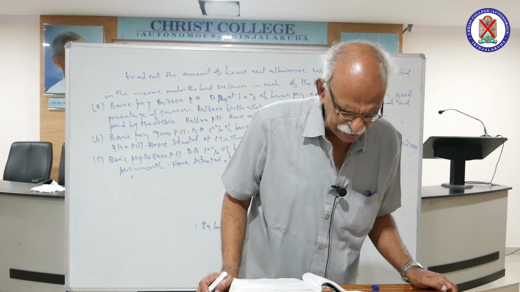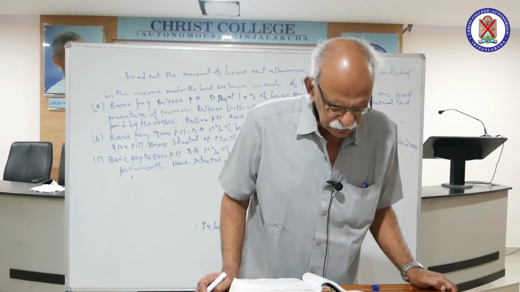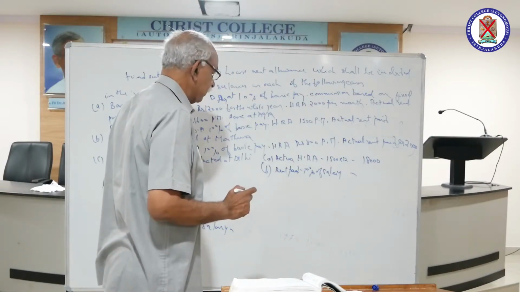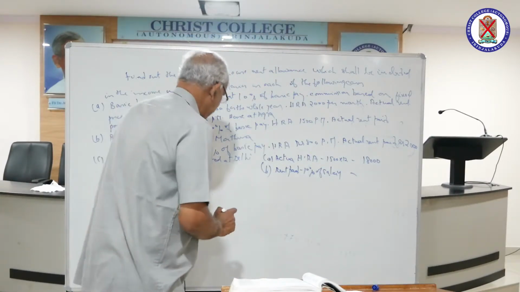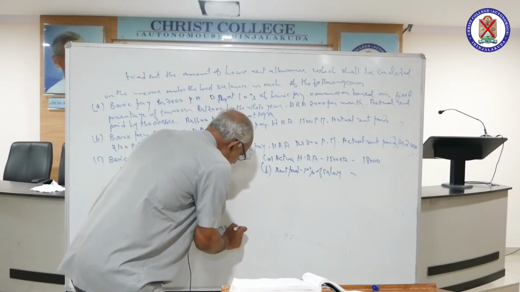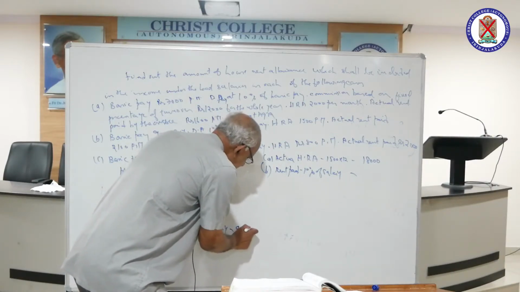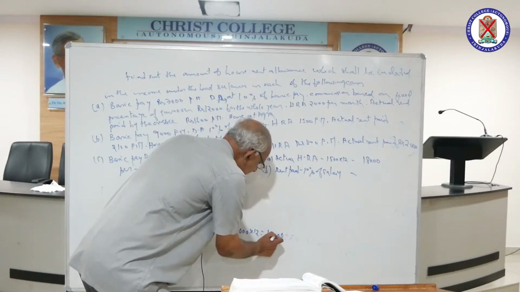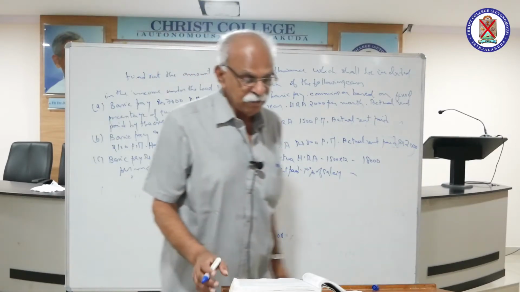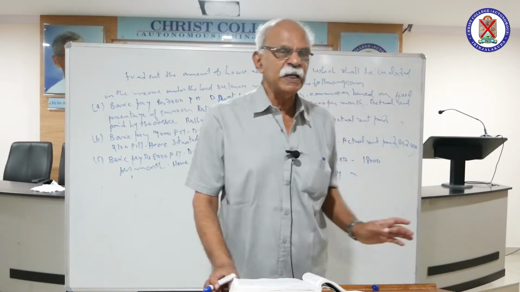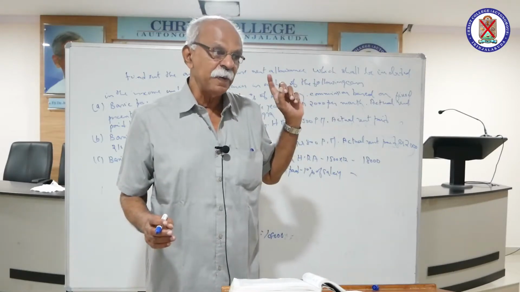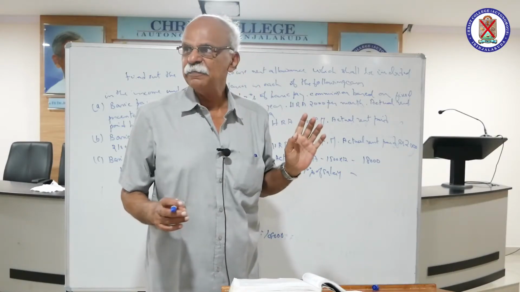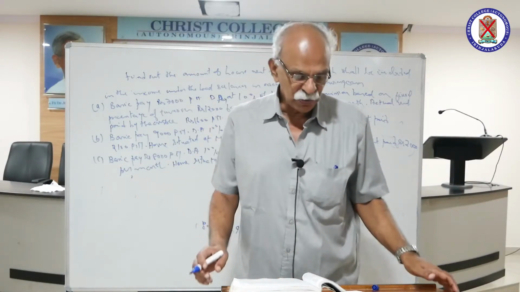For 12 months, 9,000 into 12 is 1,08,000. Will DA be included? DA will not be included because DA does not form part of salary. Here it is not DP, it is DA, so it will not be included.